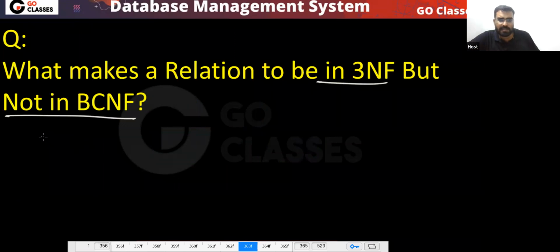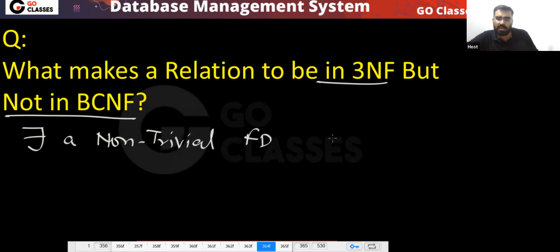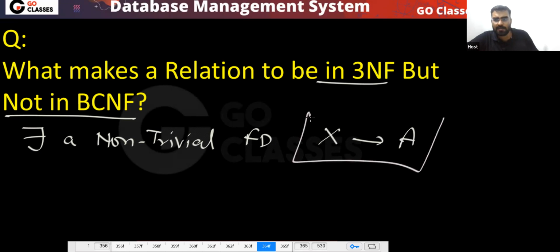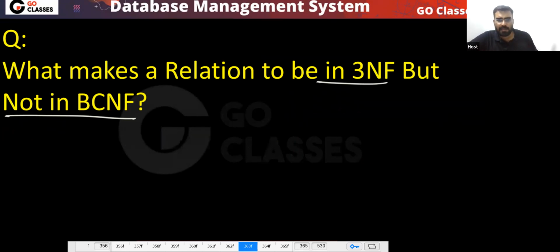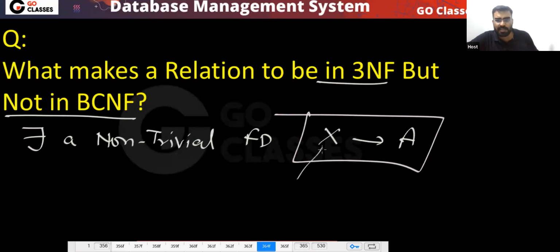Basically, there must exist a non-trivial FD where this is not a super key.